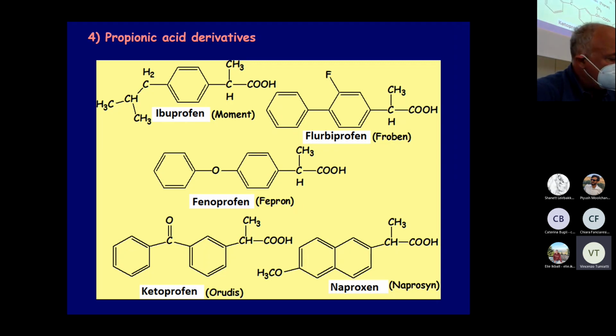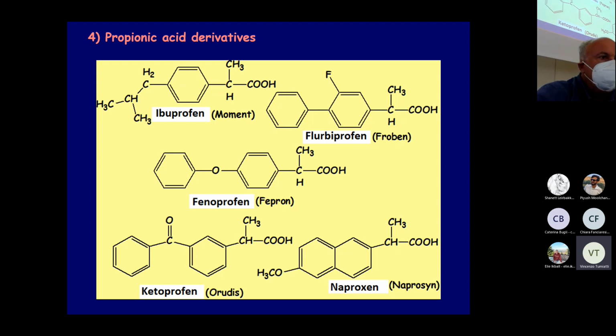Fourth class of anti-inflammatory agents. We have seen the class related to acetic acid, in particular diclofenac, aryl acetic derivatives, or heteroaryl acetic derivatives, indomethacin, sulindac, tolmetin, ketorolac.